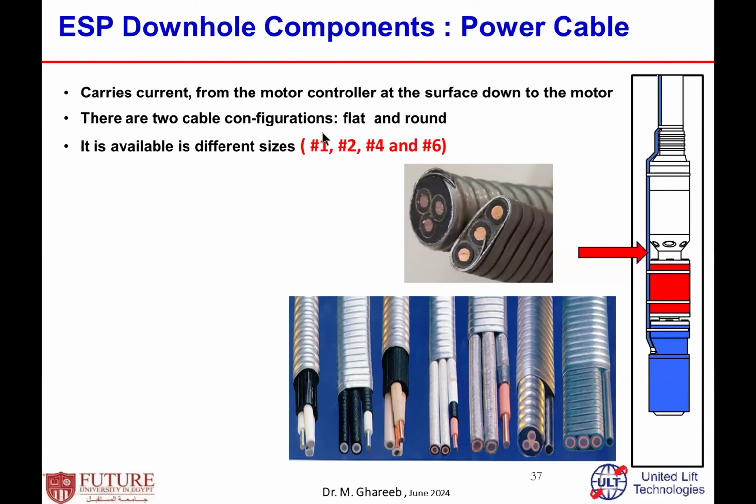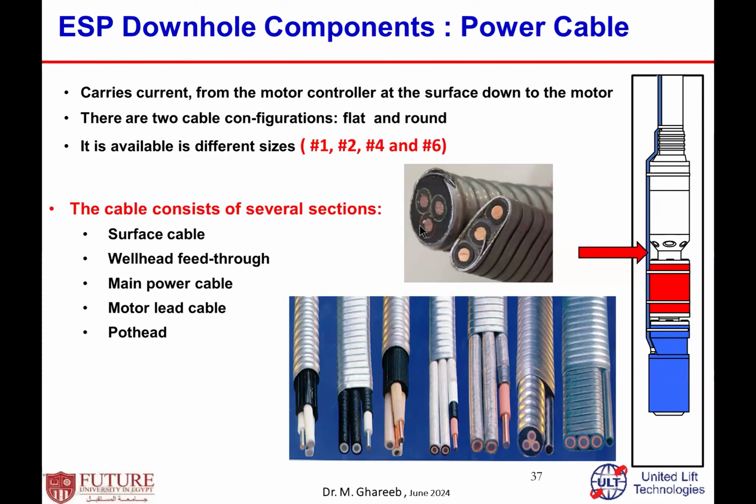Size 1 is the biggest; the size of its conductor is larger than size 2, size 4, size 6. When the size is increased, it can transfer more voltage with less voltage drop, and transfer more power and so on.